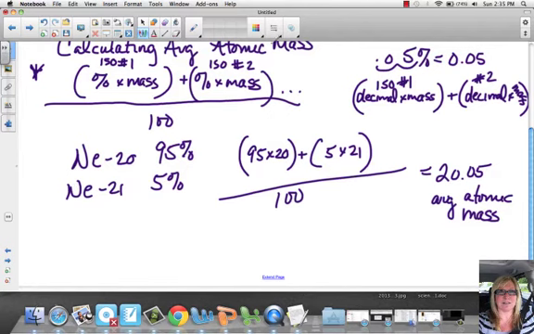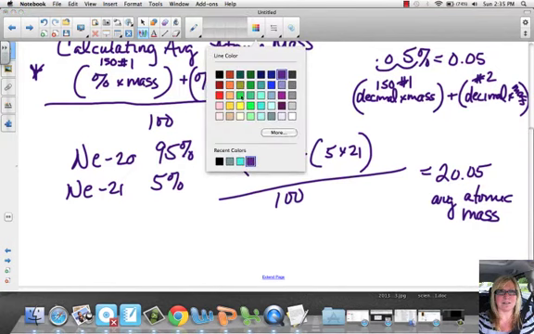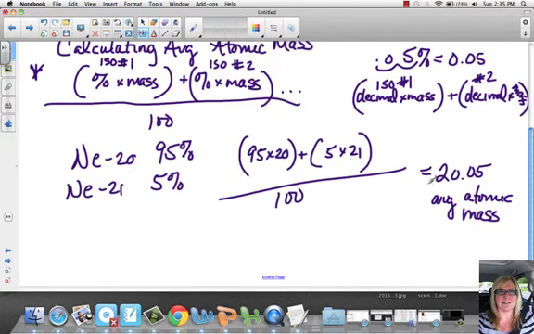Now, another thing that I want to point out here that should make sense to you, do you see what this average is closest to? It's closest to neon 20. And that should make sense because this one was 95% abundant. We had more of this in nature than we did 21. So you can look at isotopes. I can have the 3 isotopes of hydrogen.